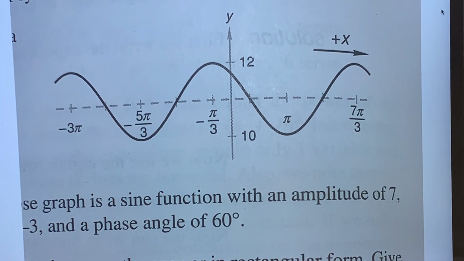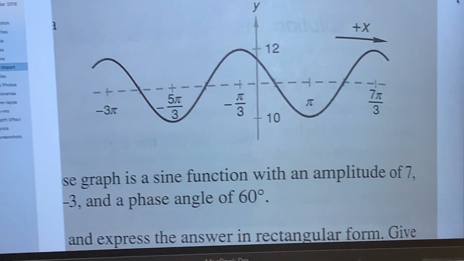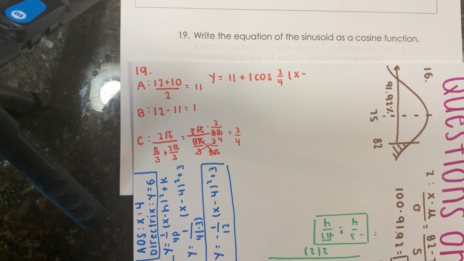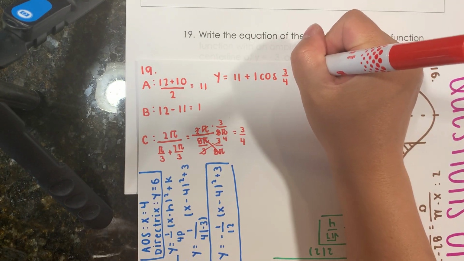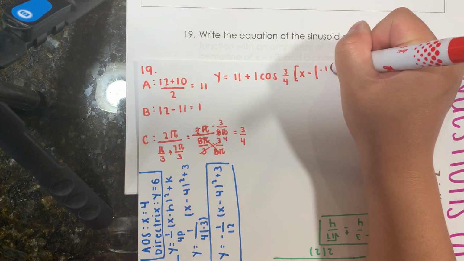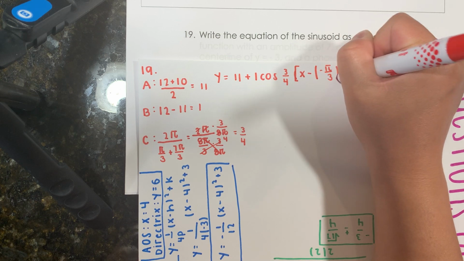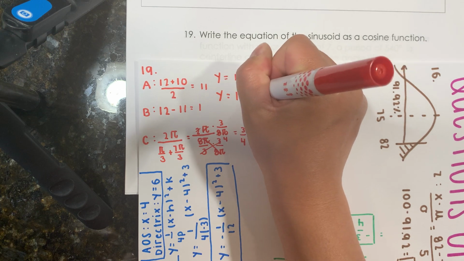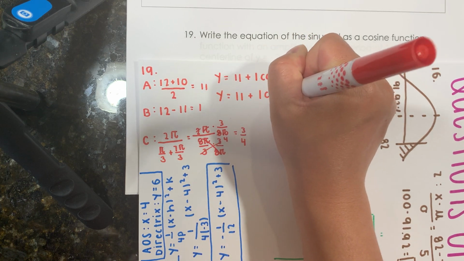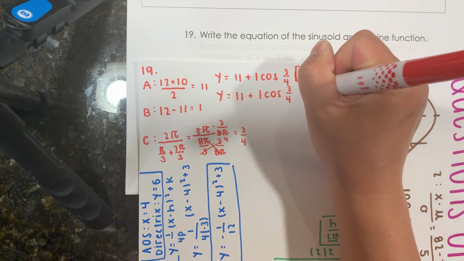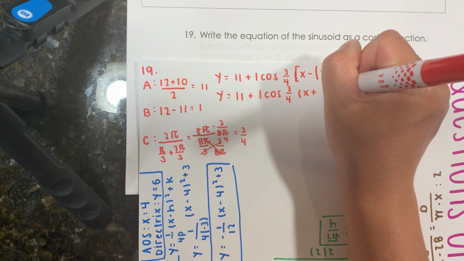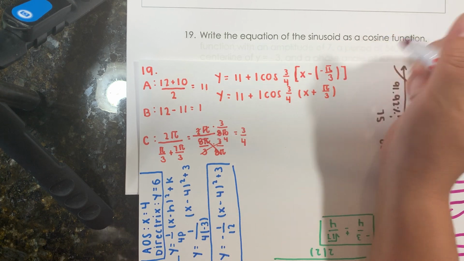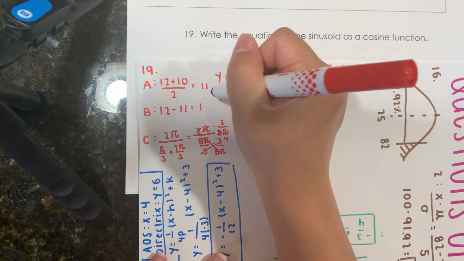So that's going to be my phase angle, negative pi over 3. So it's going to be x minus negative pi over 3. My result rewritten will be y is equal to 11 plus 1 cosine 3 over 4 (x plus pi over 3). And that concludes number 19.